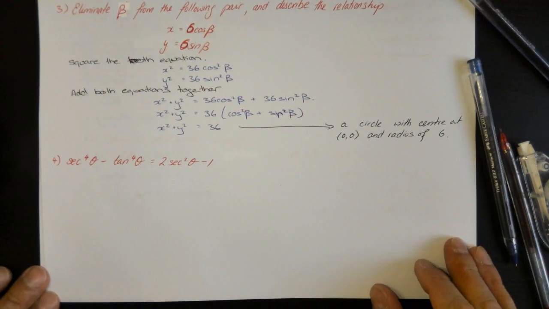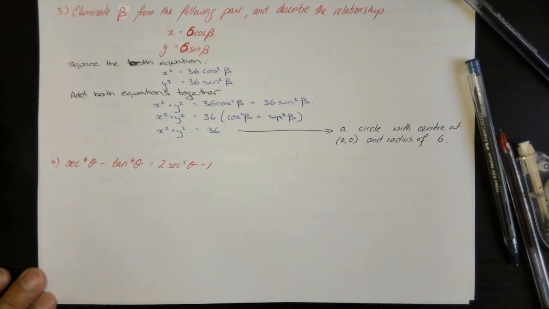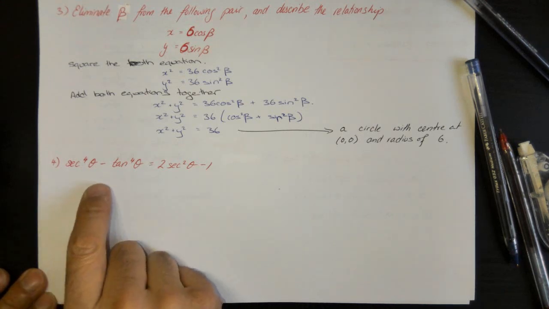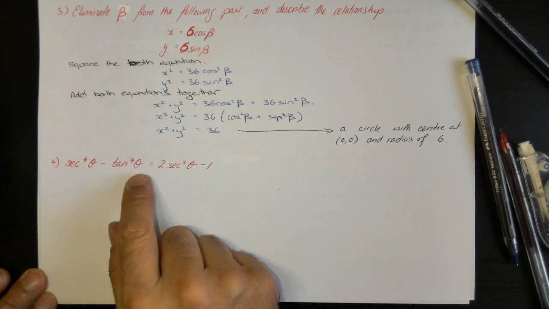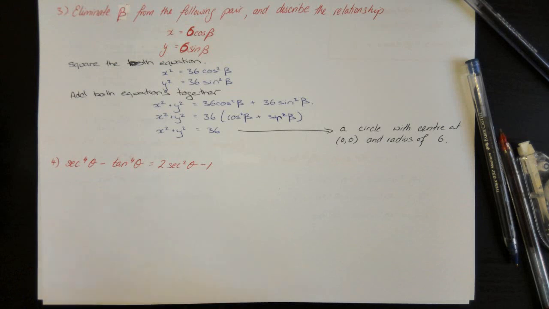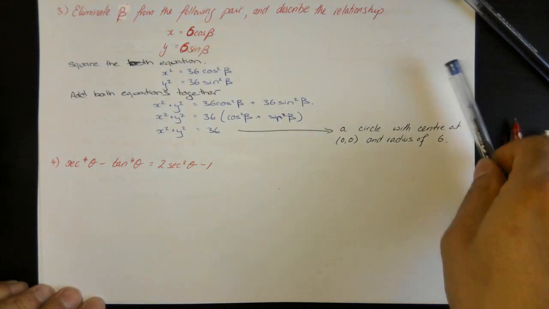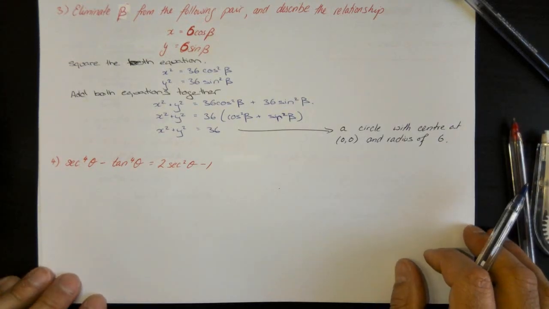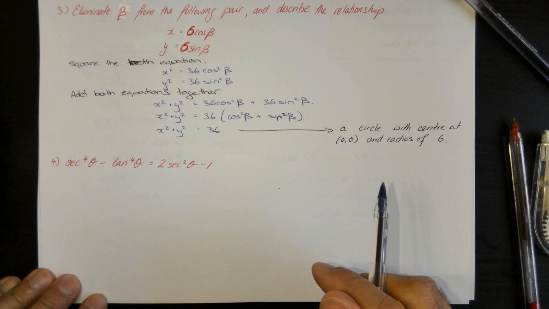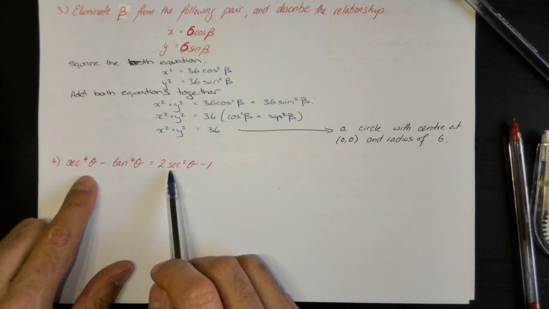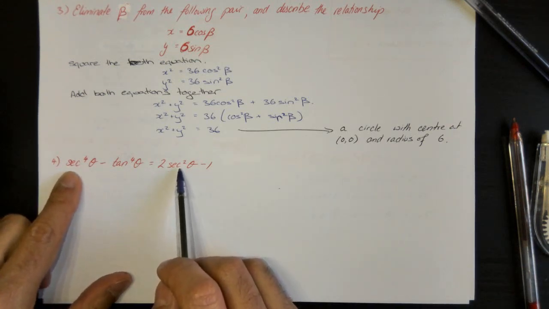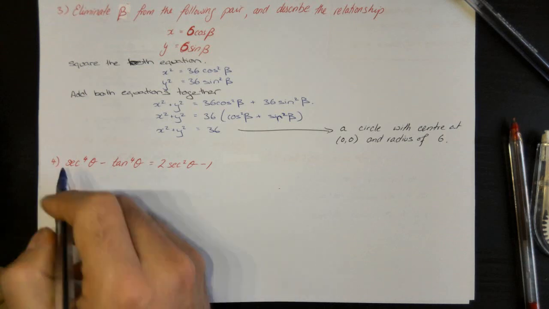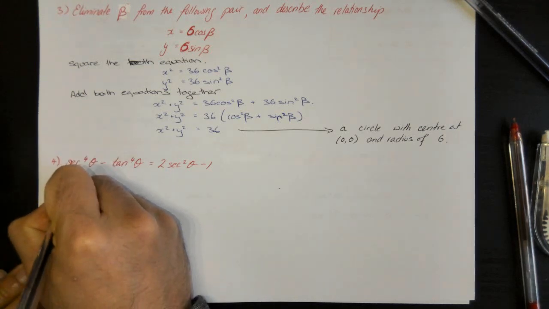Question 4. We want to show that sec 4 theta minus tan 4 theta equals 2 sec squared theta minus 1. I've already got sec in my question, so I'm going to leave this sec here.